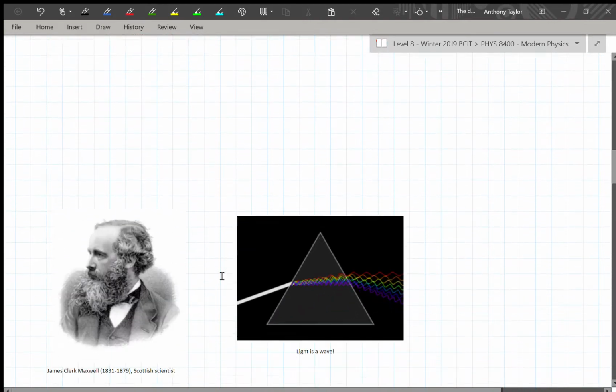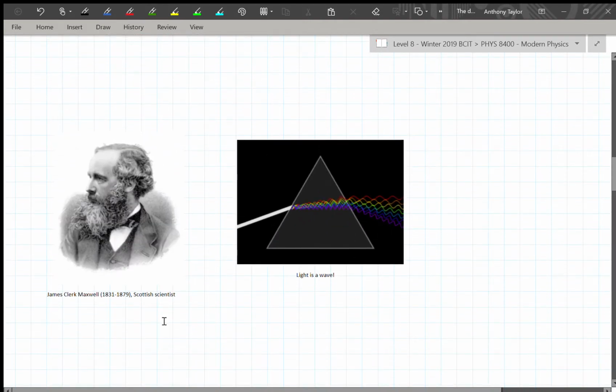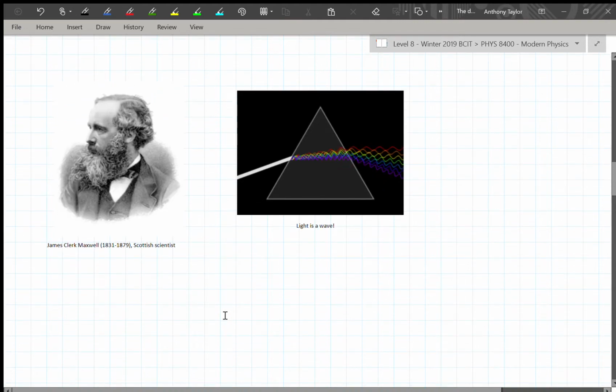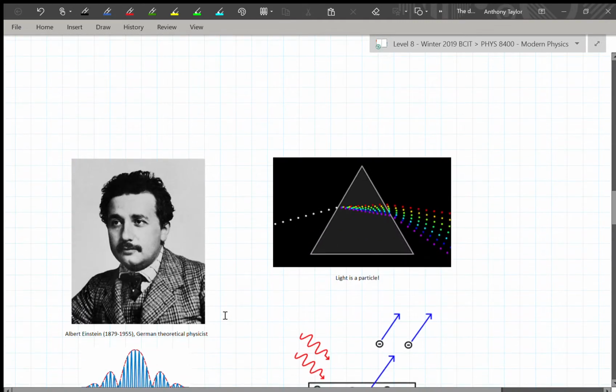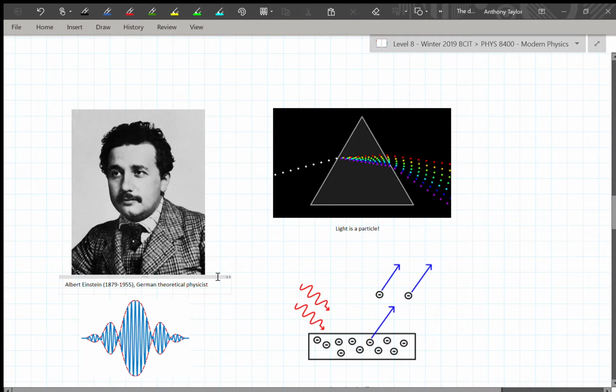And so we've got this guy here, James Clerk Maxwell, who's a Scottish scientist, and he's mainly known for his work in electromagnetism. But he postulated that light is in fact a wave on the electromagnetic spectrum. And then you might know this guy, Albert Einstein.